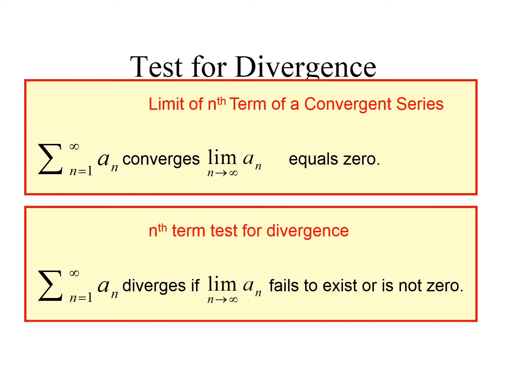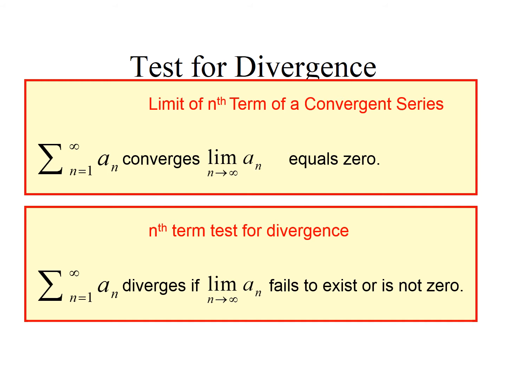In your notes on page 5, you will see that a series converges only if its limit is equal to 0. However, that does not mean that just because the limit is 0, it converges.